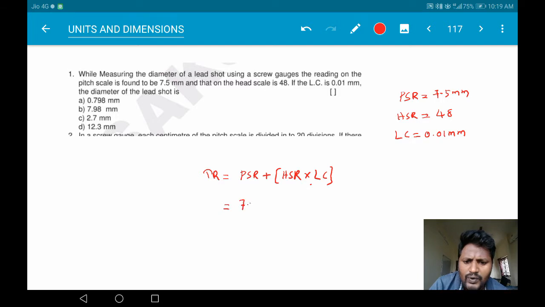So 7.5 plus 48 into 0.01. So 7.5 plus 0.48. So we are going to get its diameter as 7.98, which is the diameter of the sphere. So it is in millimeter.